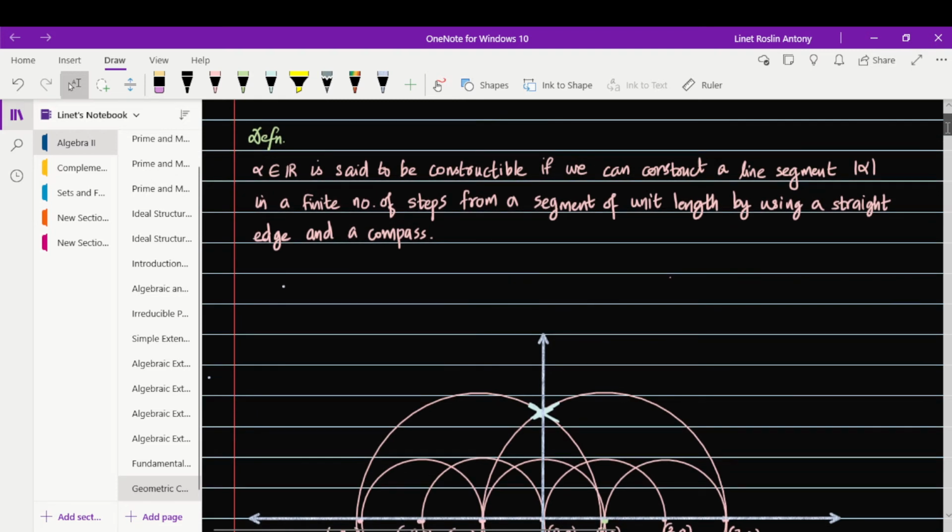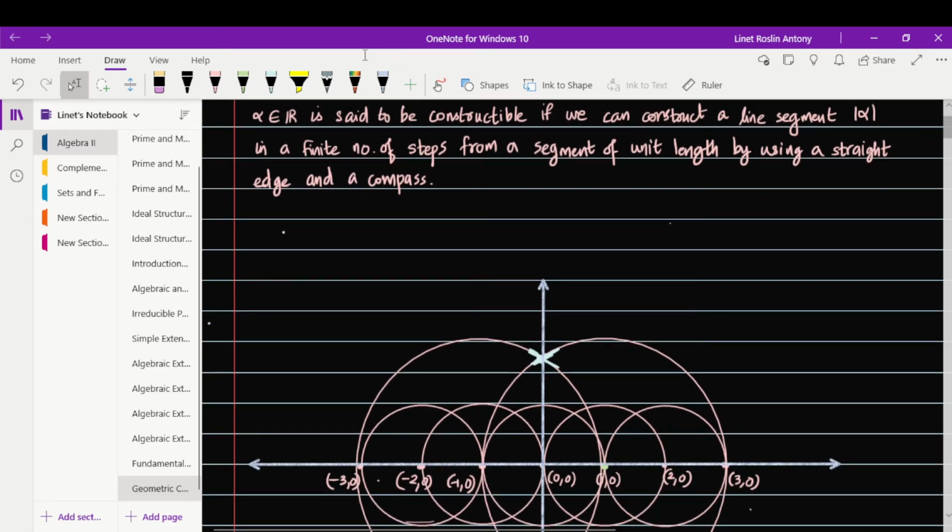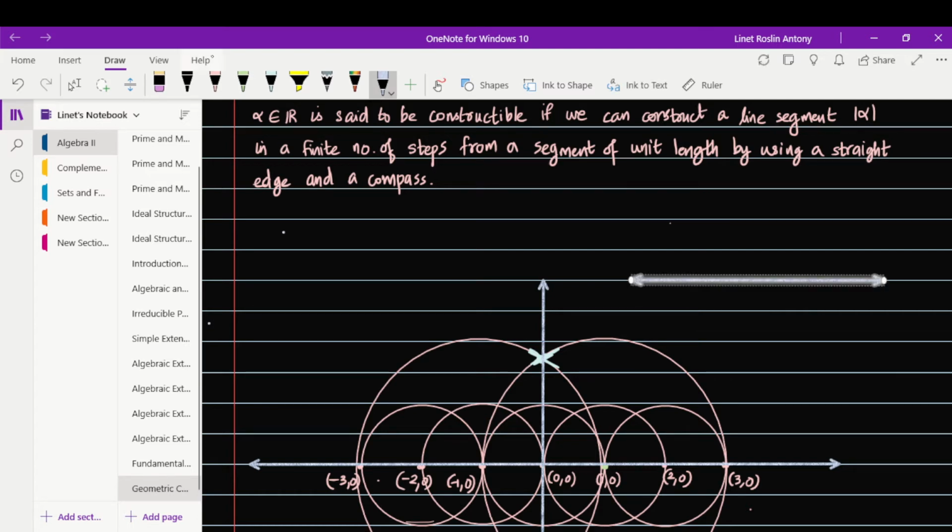So suppose you have the x-axis like this, and you have the 0 here, and you have the 1 here.